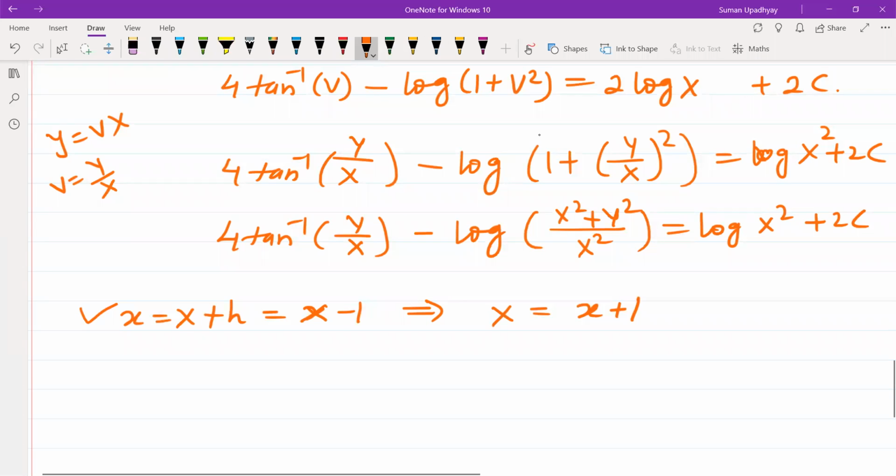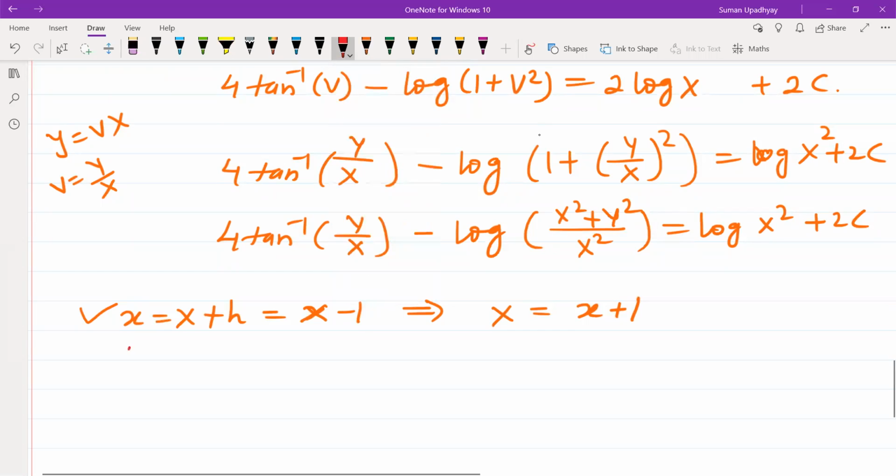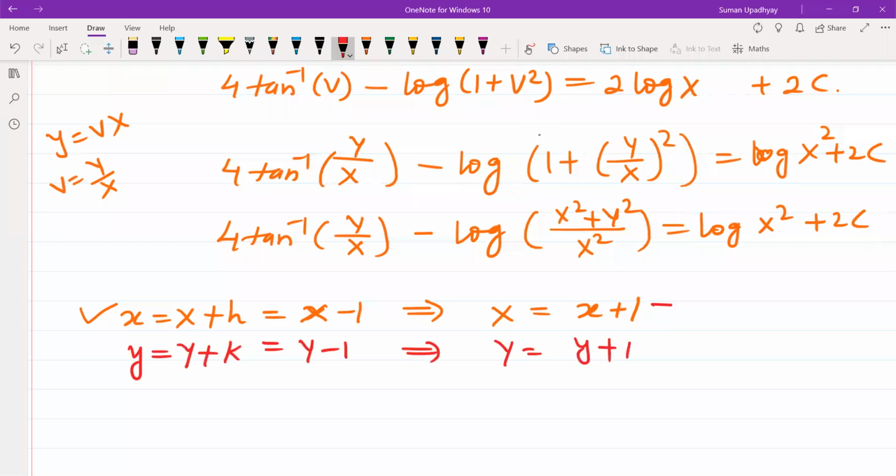Yes, this step, did you understand? The same thing will happen with y also. Y we are taking capital Y plus k. K we got it as -1. Therefore, the capital Y will be small y plus 1. So you have to replace this capital X and capital Y with this in the above equation.